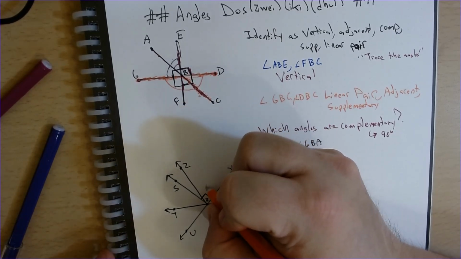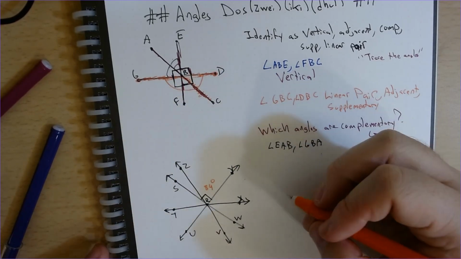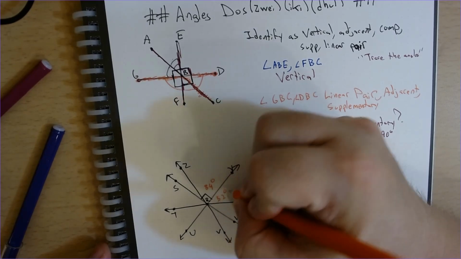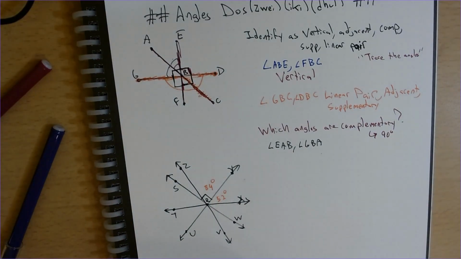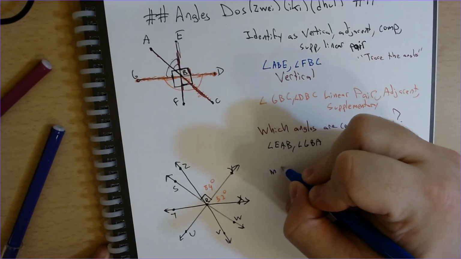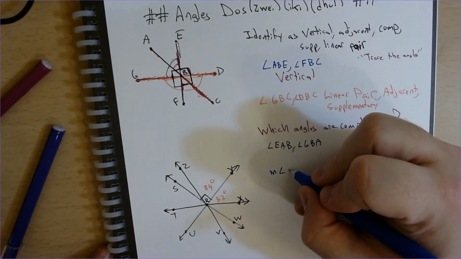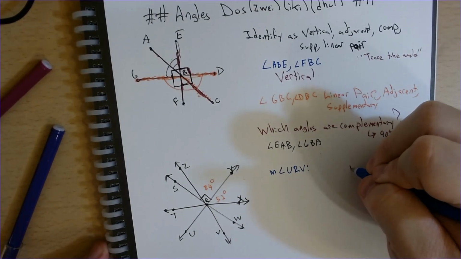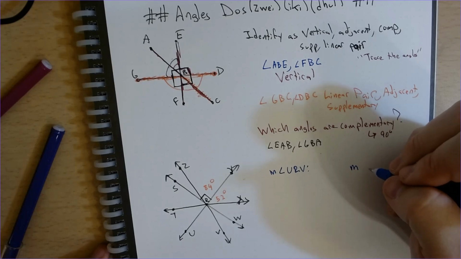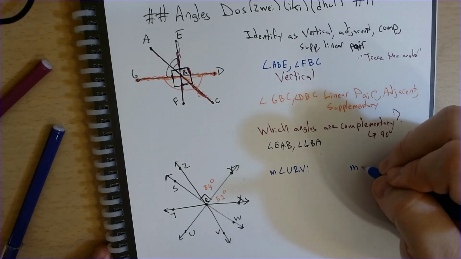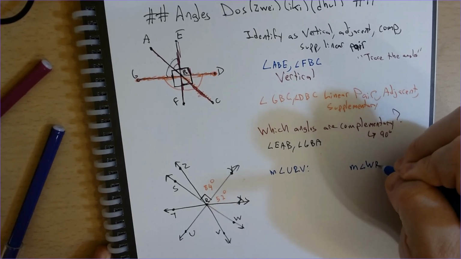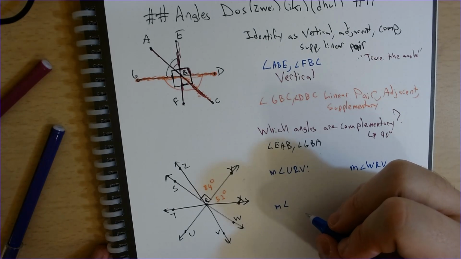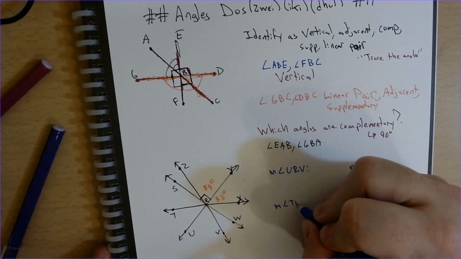This is 84 degrees, and let's say my friend right here is 52 degrees. And then what I'm going to do is literally ask you for the measure of a bunch of different angles. Like, what is the measure of IRV? What is the measure of WRV? What is the measure of TRS?